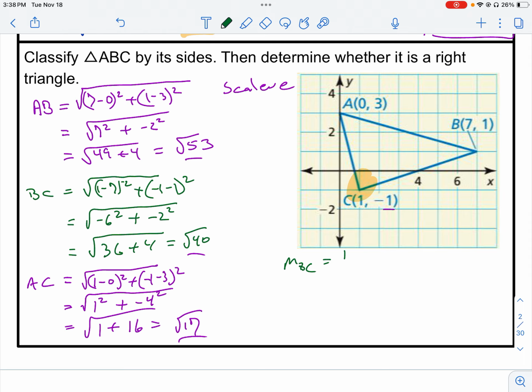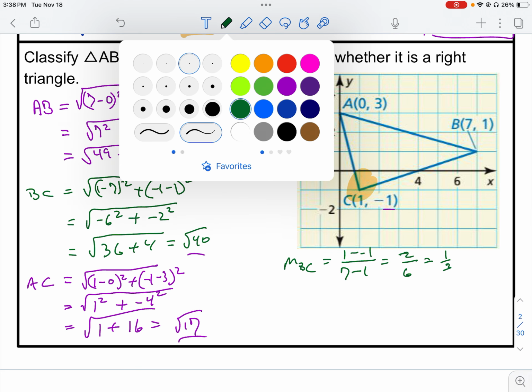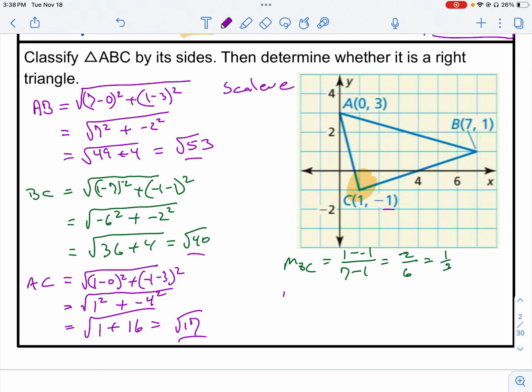So we get 1 minus negative 1 over 7 minus 1, equals 2 over 6, equals 1/3. Then we're going to do the slope of AC.